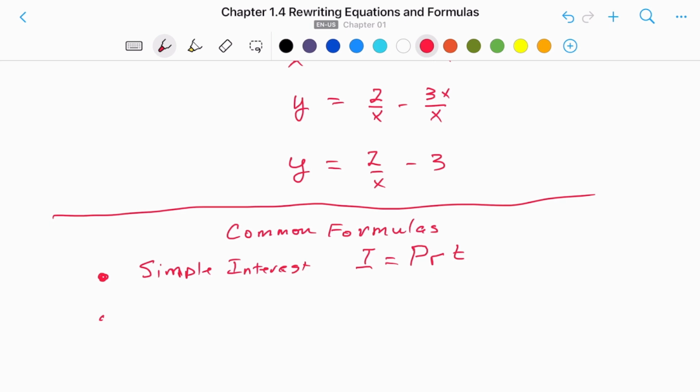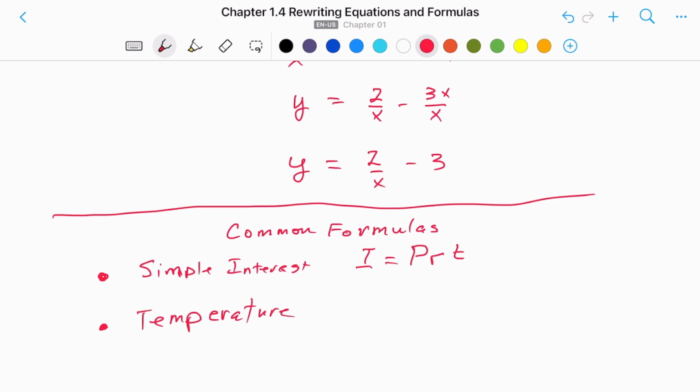Another one is conversion of temperature. Think about this. How many times have you seen something in Celsius and you're like, oh, what is that in Fahrenheit? Because in America, we use Fahrenheit all the time.